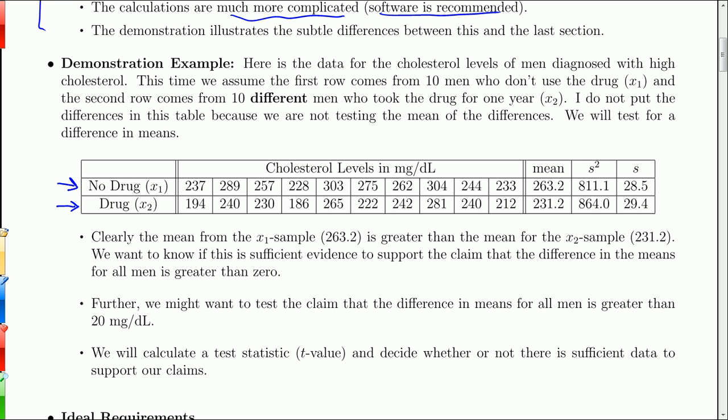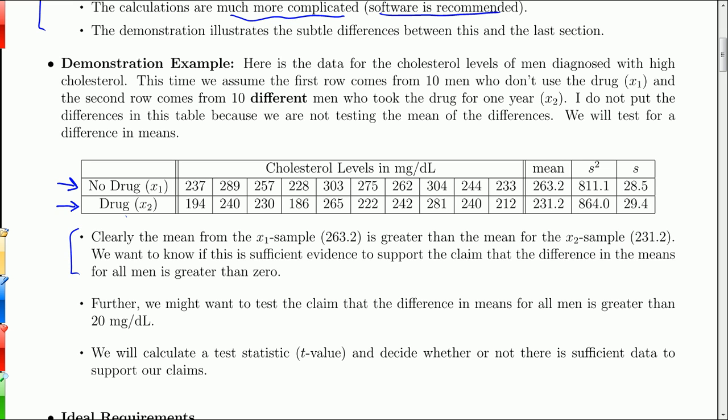Notice I did not put in a difference. In the last chapter we put in a row for differences, and then we just worked with the differences. That is no longer here. We're actually going to look at the means and compare these. A couple of things are obvious from here.